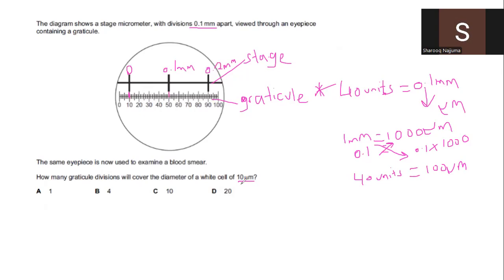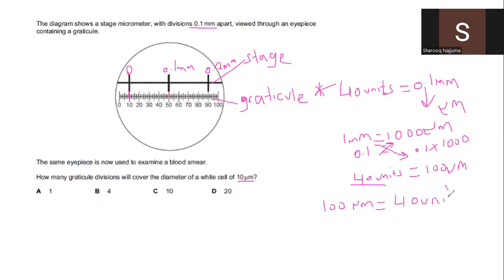So they're telling me there is a cell that is 10 micrometers. How many units is it going to contain? I'm going to use this to know how many units that cell contains. So 100 micrometers are equivalent to 40 units.